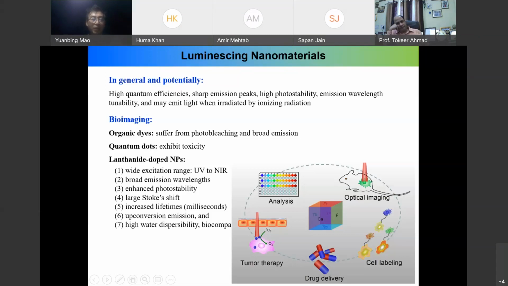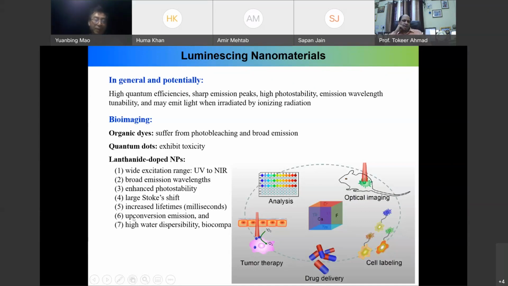So that's why, for the luminescent nanomaterials we've been working on, we use lanthanide doped nanoparticles, and they really have many advantages. For example, the wide excitation range, as I showed you earlier, covers UV to near infrared, with broad emission wavelengths and enhanced photostability. It doesn't have the photobleaching problem, it has a large Stokes shift, and increased lifetime. It can reach milliseconds.